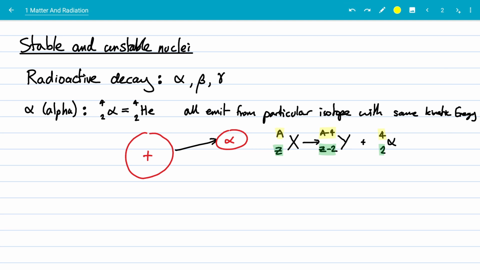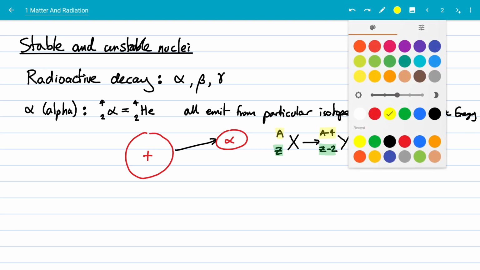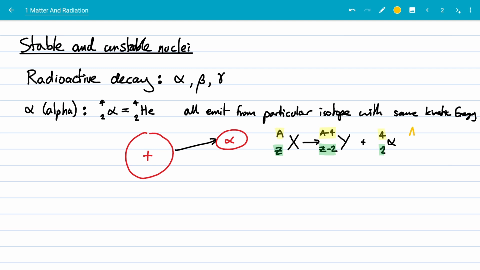Let's write down in an orange color so it's a little bit easier to see. What's going on at the top is A is equal to A minus 4 plus 4. And what's going on at the bottom is Z is equal to Z minus 2 plus 2. So it works. Everything works.